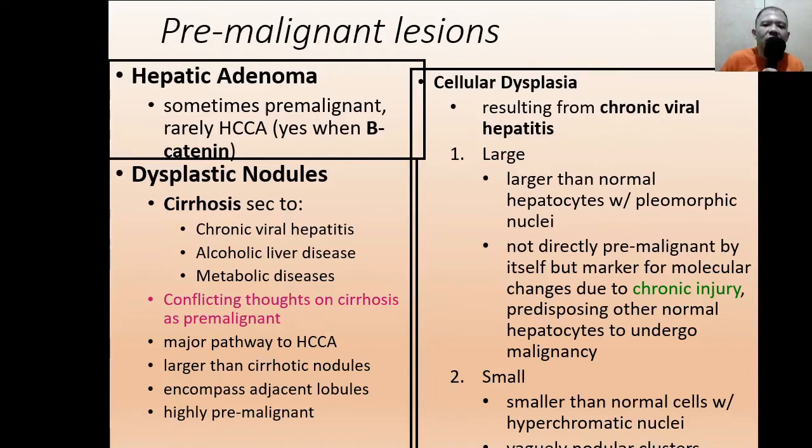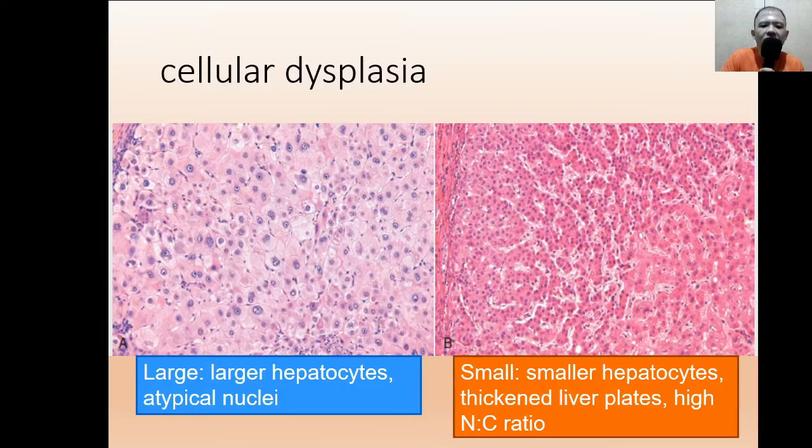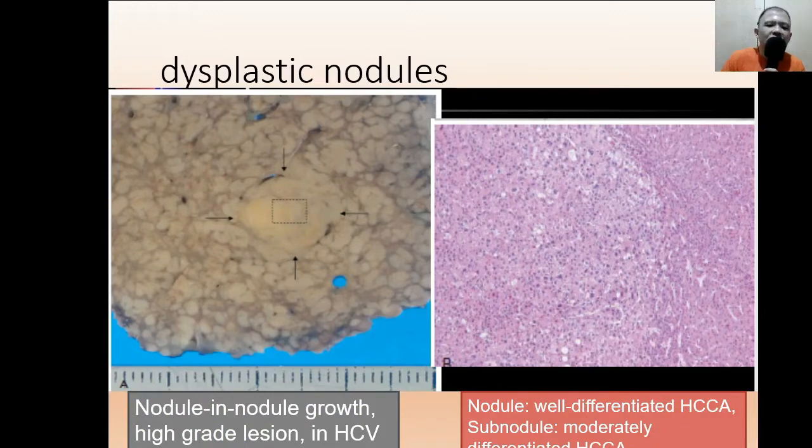It can be a large cell dysplasia or a small cell dysplasia. Small cell dysplasia is directly pre-malignant, whereas large cell dysplasia is not directly pre-malignant, but secondary to chronic injury. You can read on those further. For dysplastic nodules, take note that you have a nodule-in-nodule growth.